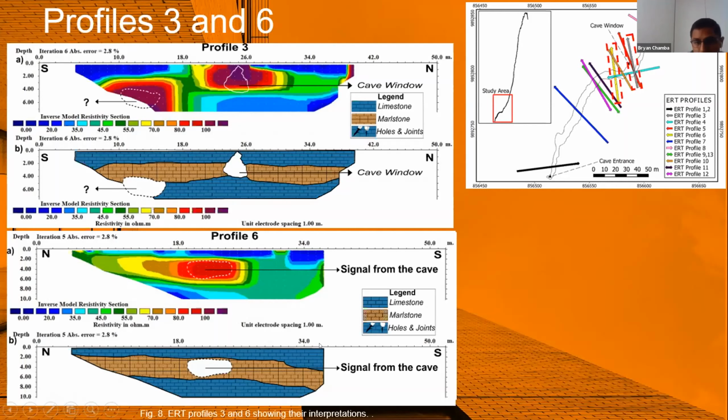Here in profile number 6, which was done in a park where we don't know the projection of the cave exactly, we have this profile. And here we could see clearly a signal of the cave. And it is a way to say that the method is working.